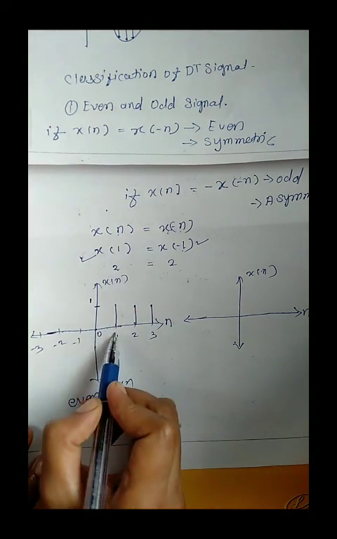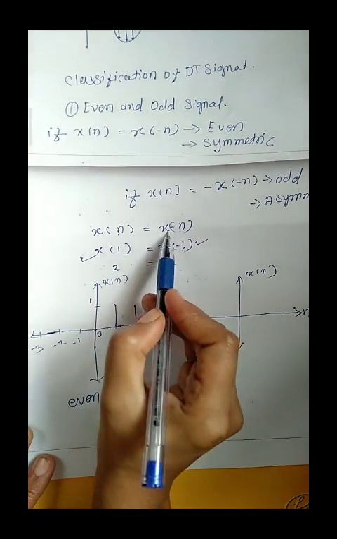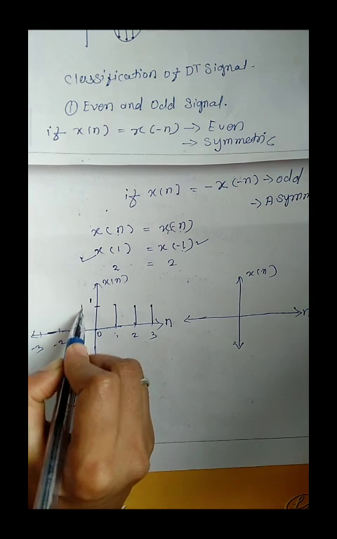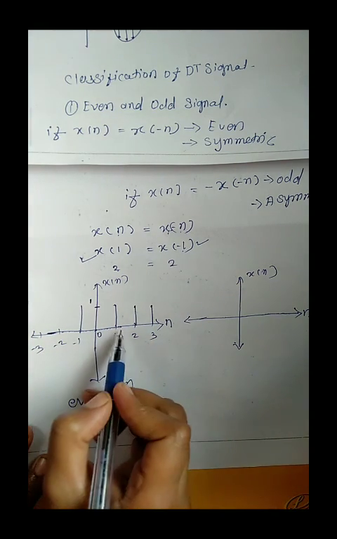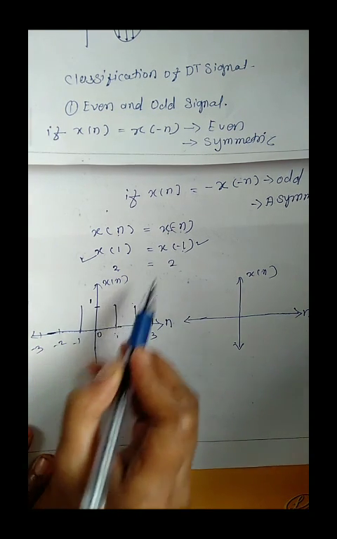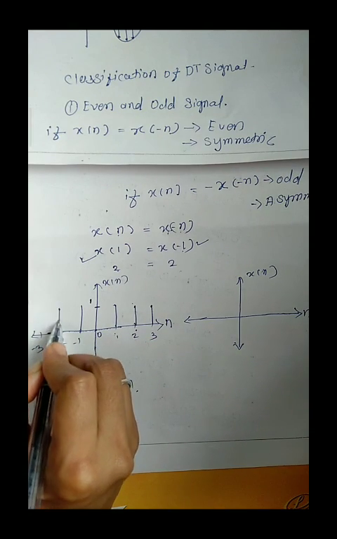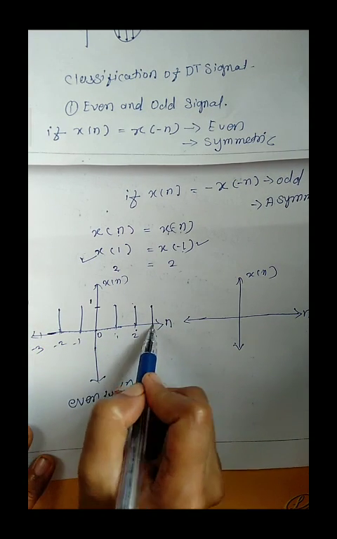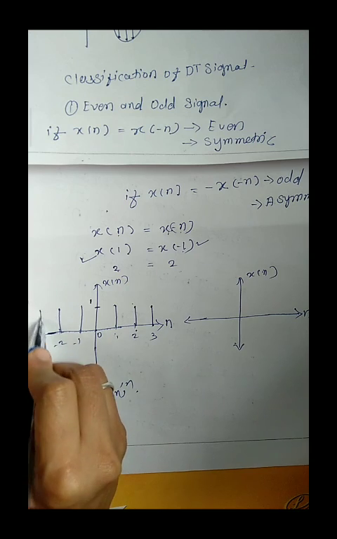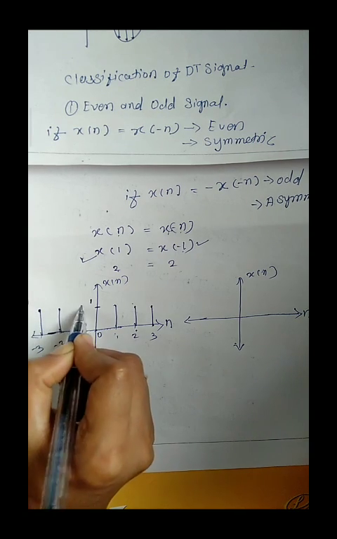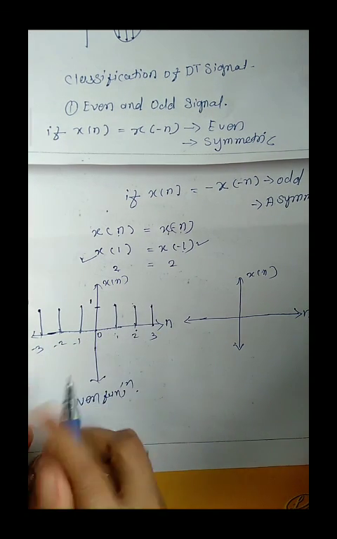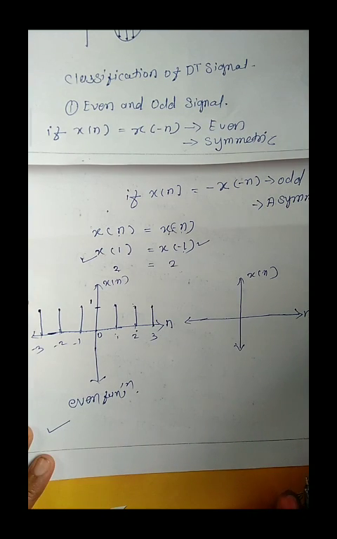So x of minus 1 is also 1, x of minus 2 is 1, and x of minus 3 is also 1. This we can call an even function.